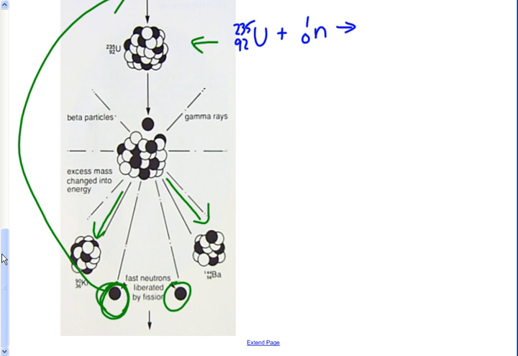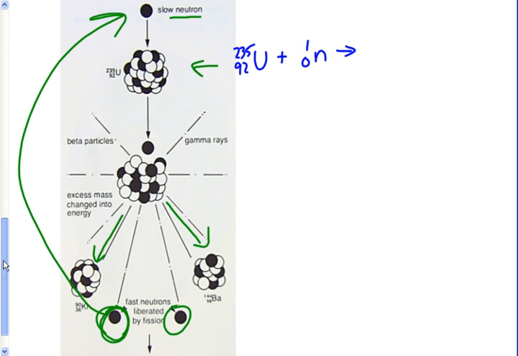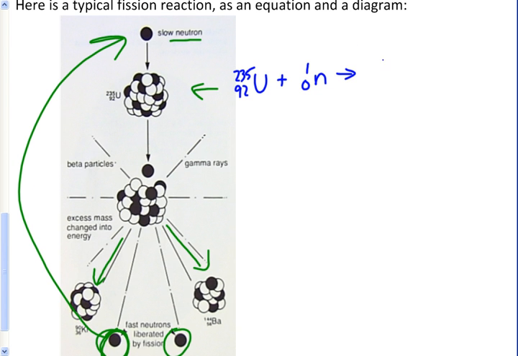Krypton, which I feel like it says krypton 90, but it's kind of blurry on my smartboard. Can you guys see what that number is? Is it 90 though? Like that? And then the other one is barium, and it's barium 144.